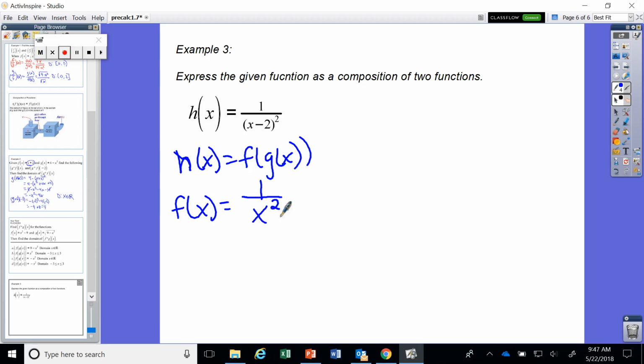And so then what was the g of x? Well, the g of x was what you put into the squared term that was different than just x. So that must have been x minus 2. And so we can go ahead and say, hey, h of x is equal to f of g of x, which is the same thing as x minus 2 to the negative second power, or you could have just simply said something like, hey, f of g of x, and gone ahead and separated them out as such.